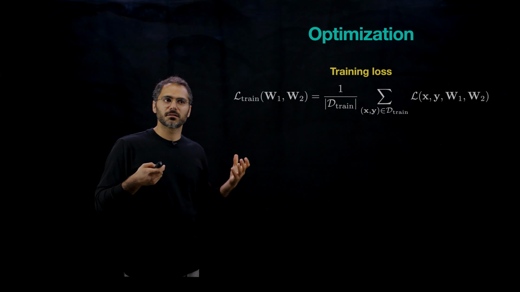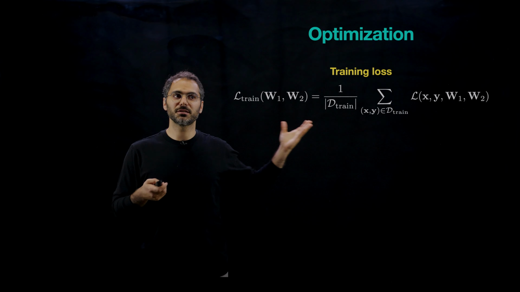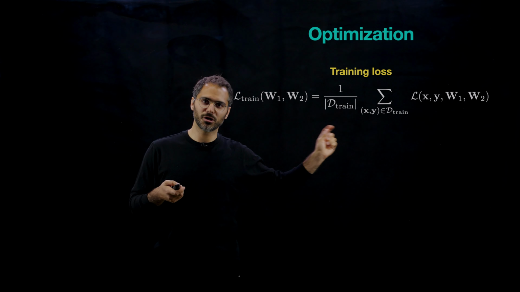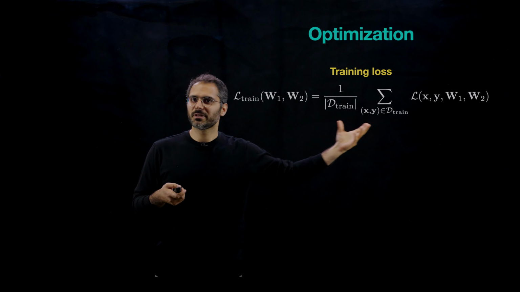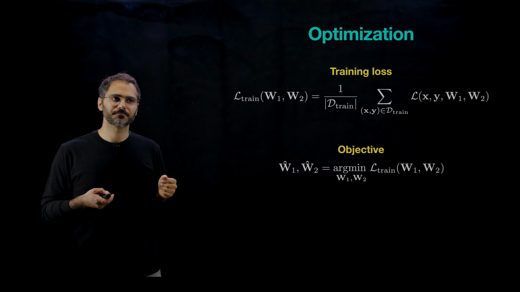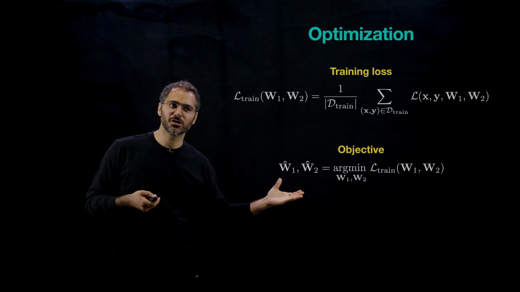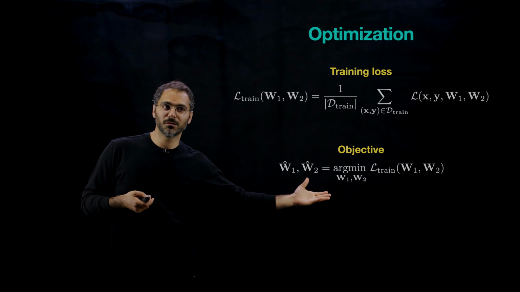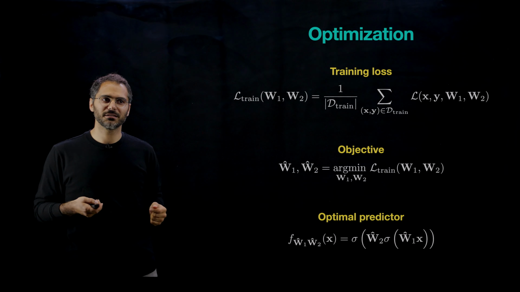Now we take this, we go back to defining our loss. What is the training loss? It takes the individual loss of individual training examples, x and y, and it gets the average. The training loss is the average loss over all the training data. The objective is to simply minimize the training loss with respect to W1 and W2. And this minimization is done using stochastic gradient descent.